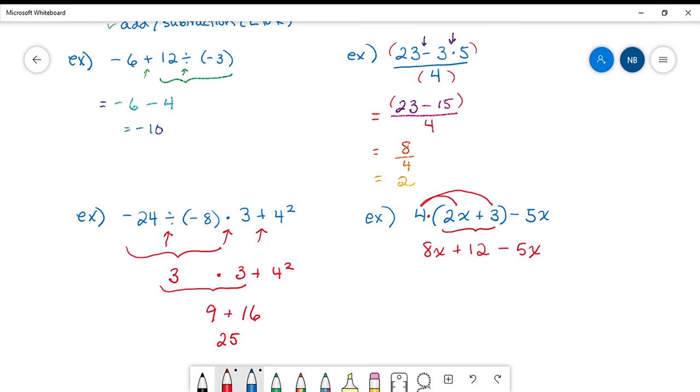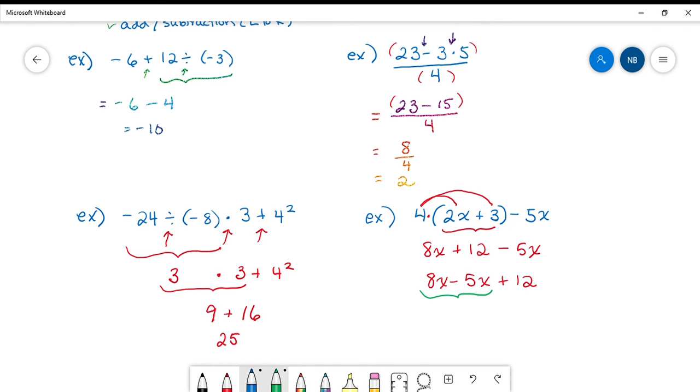Now I have no parentheses. I'm left with addition and subtraction. I'm supposed to work left to right, but when I look at the first two terms, 8x and 12, I realize they're not like terms. So mentally, I use the commutative property to switch the 12 and the minus 5x so that the 8x and the 5x are side by side.